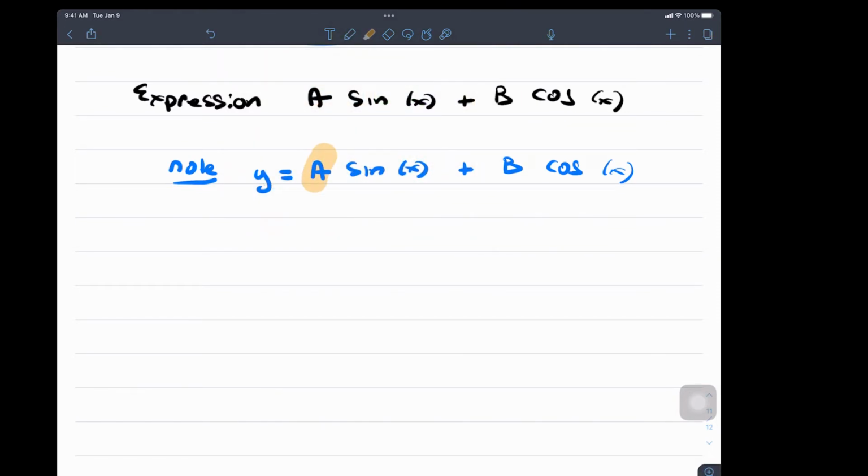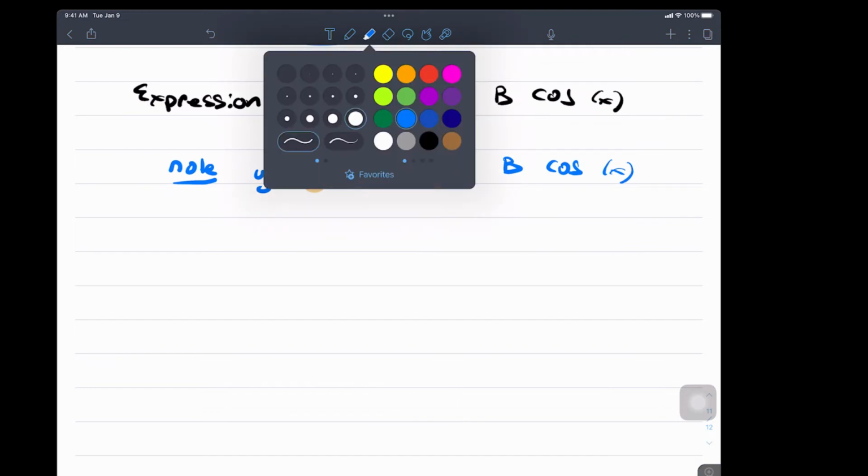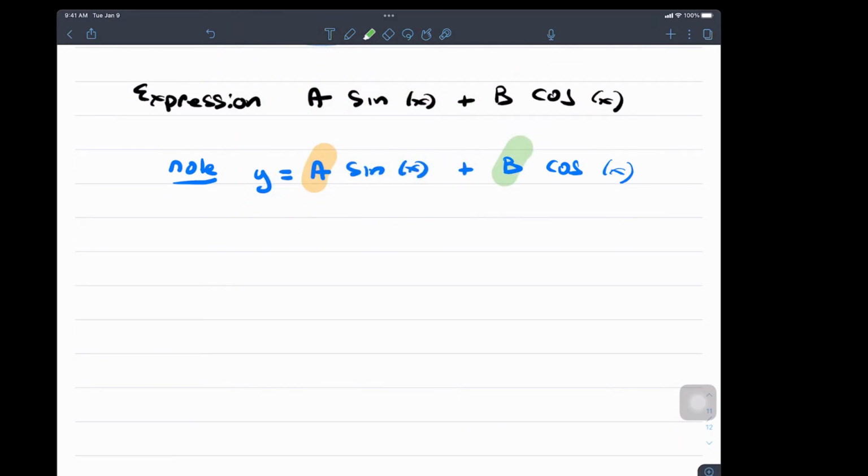Here's a constant A, and then here's a constant we call B.